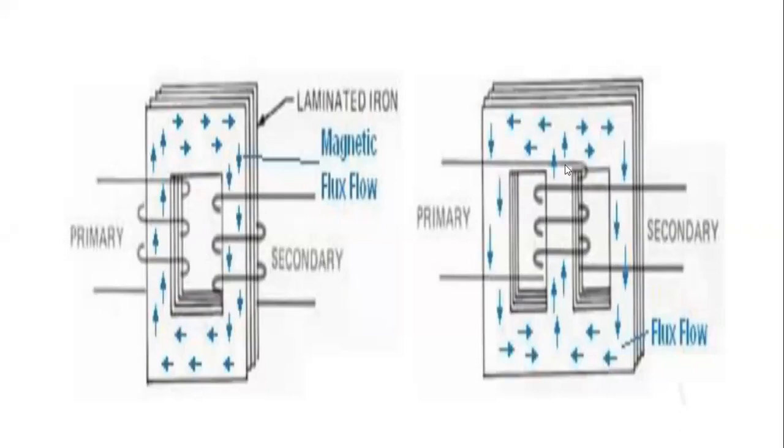In the shell type transformer, we connect the top and the bottom, the primary and the secondary winding, at the center of the limb. This is the cross-sectional view for the core type and the shell type transformers.